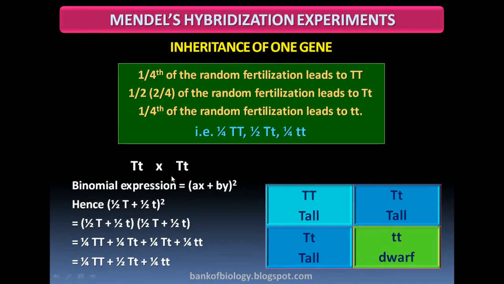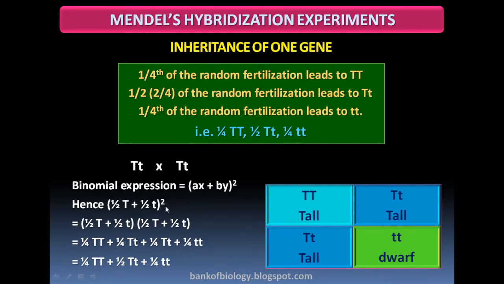And this can be represented as a binomial expression, (ax + by) whole square. That means half T plus half t, that means 50% chance capital T, 50% chance small t.